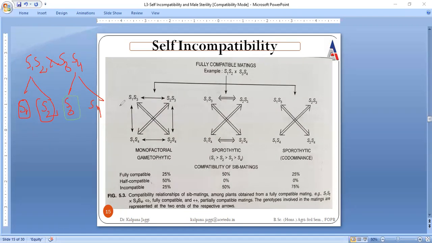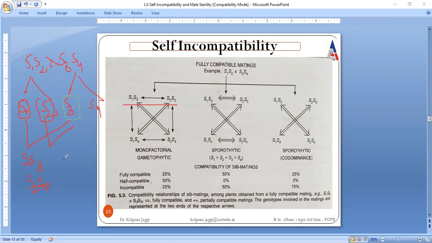In this case, what result are we going to have? Very first is S1 crossing with S3, so we have S1, S3. Second is the case where S2 is crossing with S3. So we had S2, S3. These two I hope are clear to all.